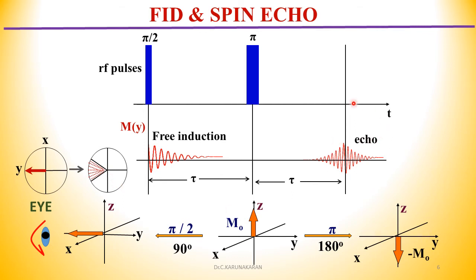This type of signal obtained is called spin echo, and this signal is called free induction decay, because the signal is decreasing with respect to time.